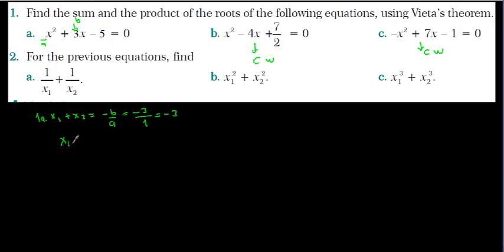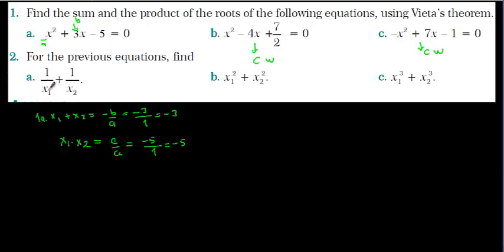And x1 times x2 is going to be equal to c over a, which is equal to minus 5 over 1, and that's equal to minus 5.